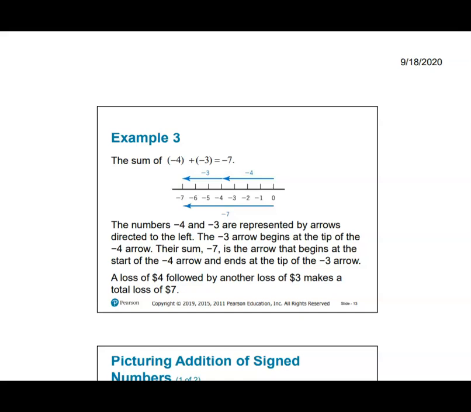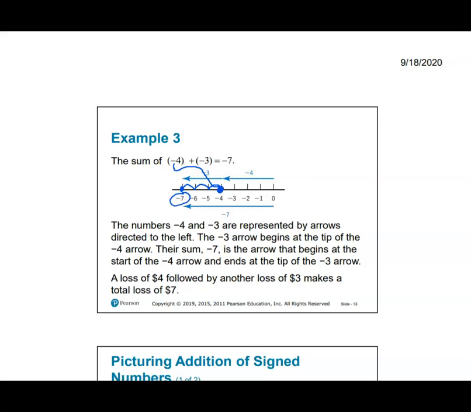In this case, you would put your pencil on the -4 on your number line, and since you're adding -3 to it, you're moving to the left 1, 2, 3, which would make your answer -7. So you're starting at -4, then you're going to the left 3.